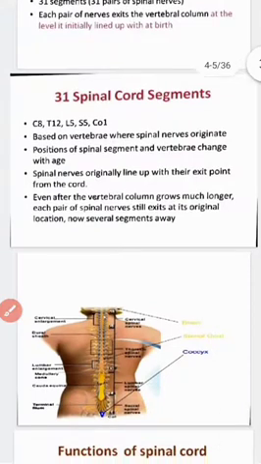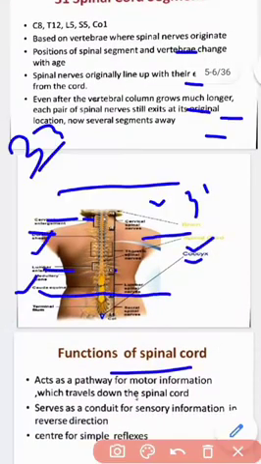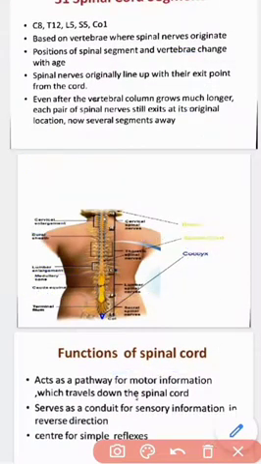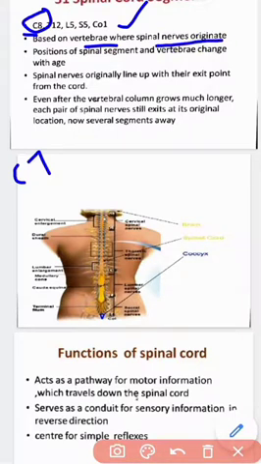Coming to spinal cord segments, we have 7 cervical vertebrae, but 8 cervical spinal segments, which are based on the vertebrae where the spinal nerves originate.